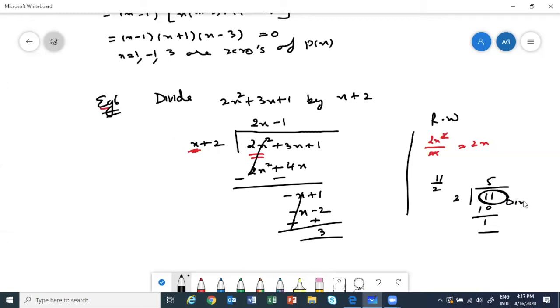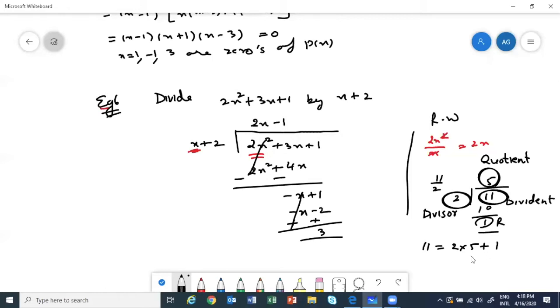Dividend. Isn't it? This is our divisor. This is our quotient. And this is our remainder. Isn't it? So can we write 11 is equal to 2 into 5 plus 1?